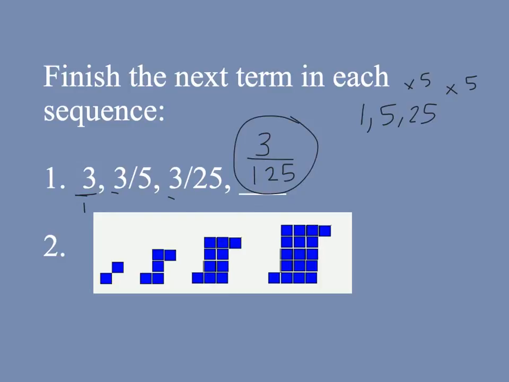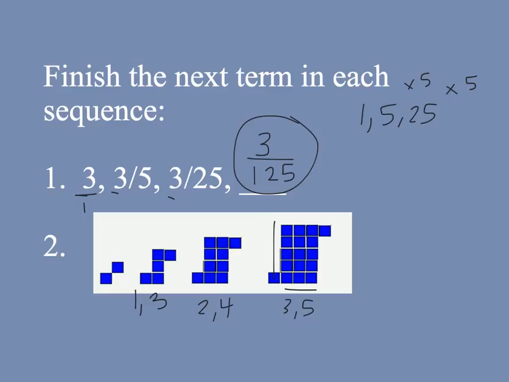The second one is a shape figure, and I'm looking at this one has 1 column, 3 rows. This one has 2 columns, 4 rows. This one has 3 columns, 5 rows.